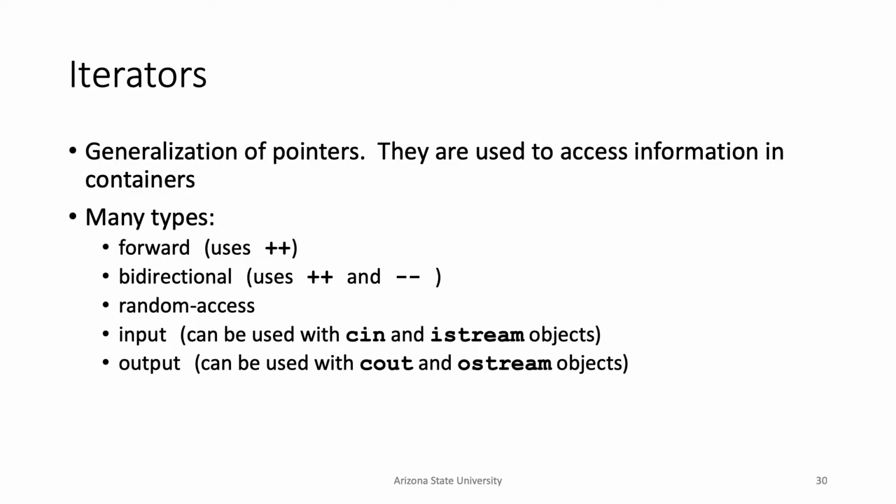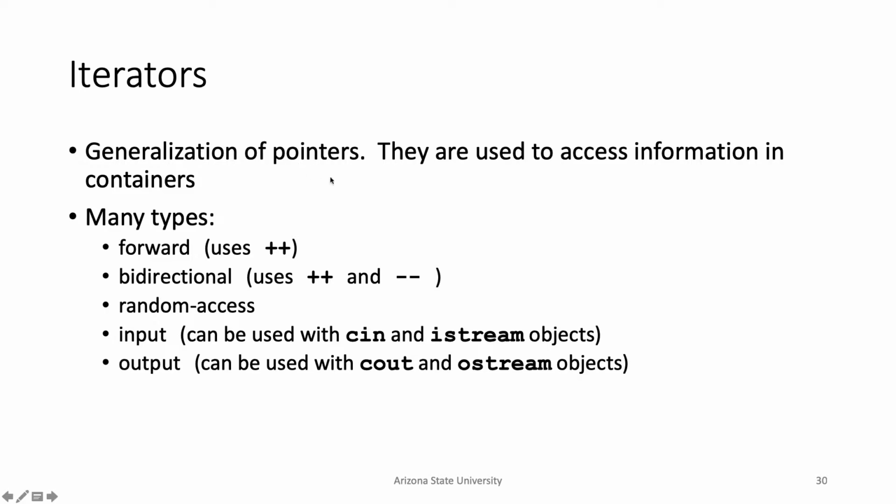What about iterators? So iterators are actually what are called a generalization of pointers. So they behave like pointers, but they have additional benefits. So you can think of them like a wrapper for a pointer. So like how smart pointer was a wrapper over a pointer, an iterator is essentially the same thing, but it has some operations that you can do for them.